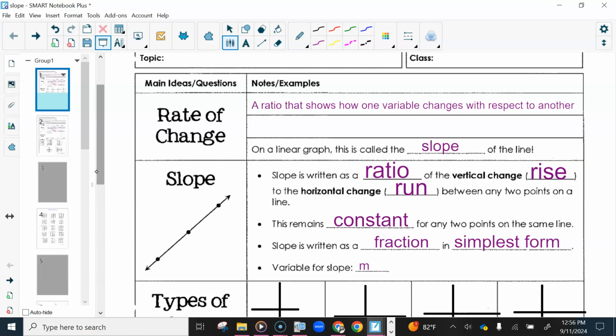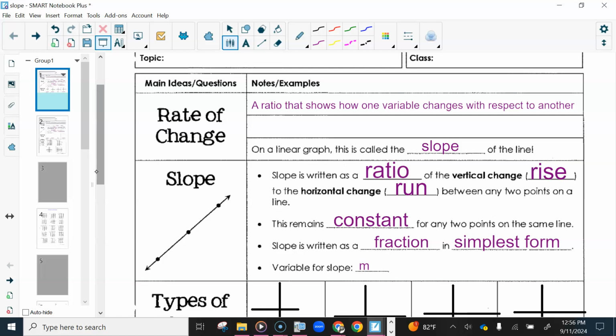Slope is written as a ratio, so some fraction, of the vertical change or the rise to the horizontal change or the run between any 2 points on a line. This remains constant for any 2 points on the same line.